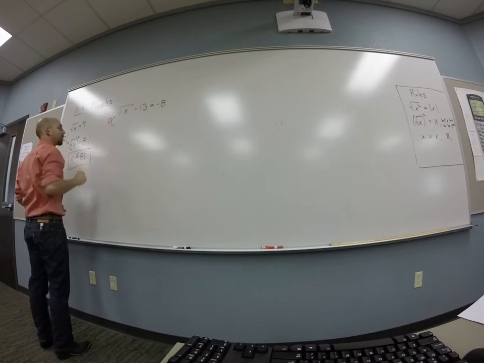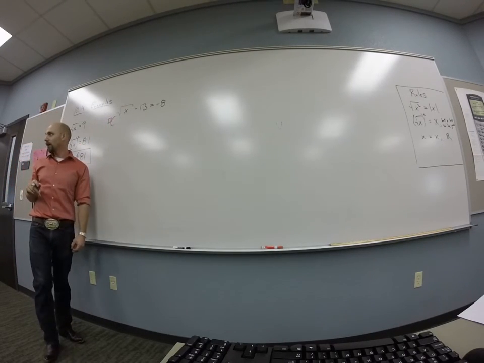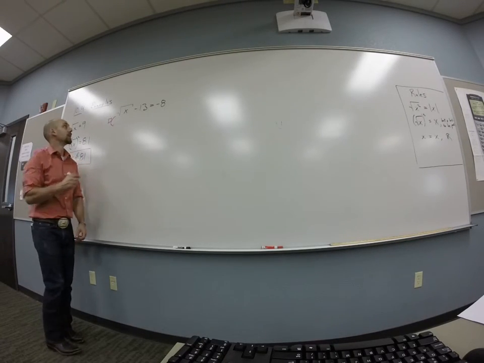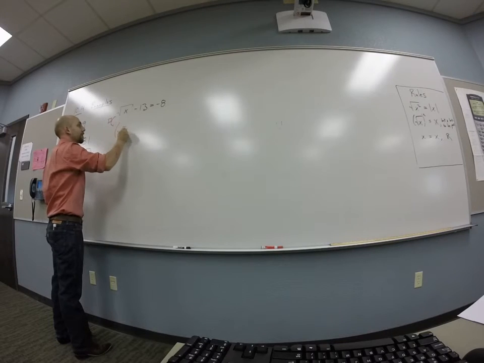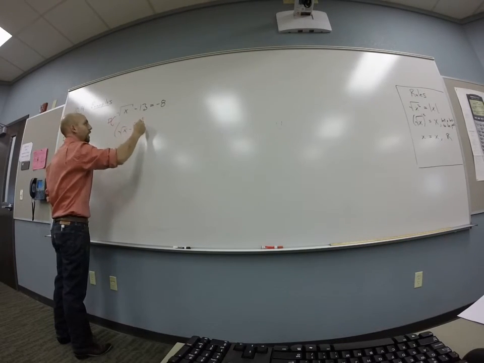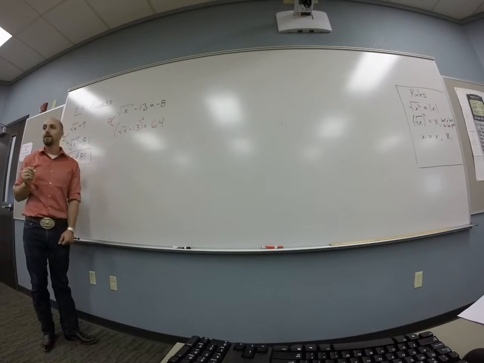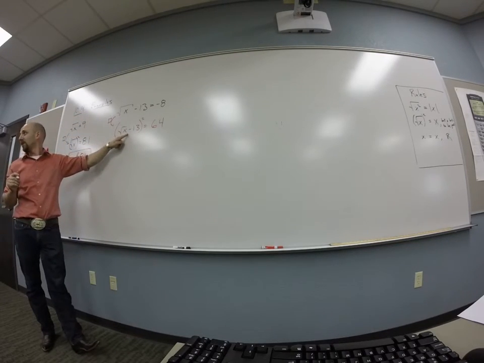So if I square both sides, keep in mind everything I'm writing in red here is a bad idea. If I square both sides, I'm going to get this stuff squared is 64, right? Then what do I need to do to square this? FOIL.